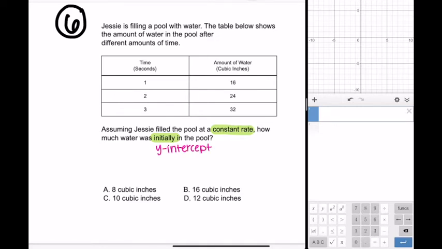Now we find the y-intercept when x is 0. You could also think about the amount of water in the pool before he started adding water to it. So that would be the amount of water in the pool when the time was 0.